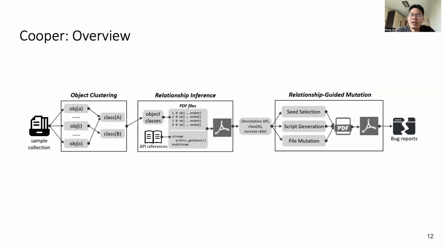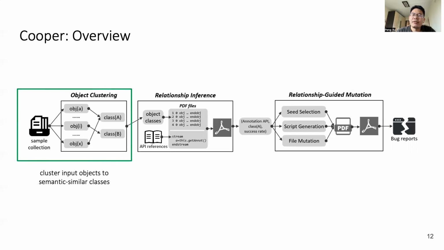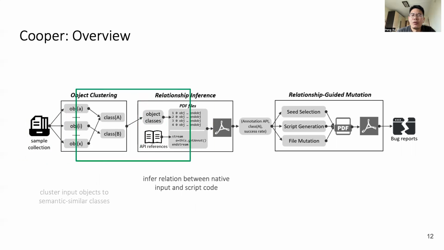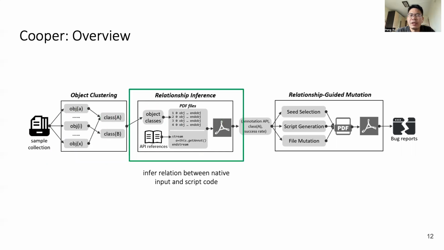This figure presents an overview of our solution. It has three components. The first component is object clustering. It clusters a large number of native objects into a small number of object classes according to their semantic features. Once we have the object classes, we need to infer the relationship between object classes and scripting APIs.